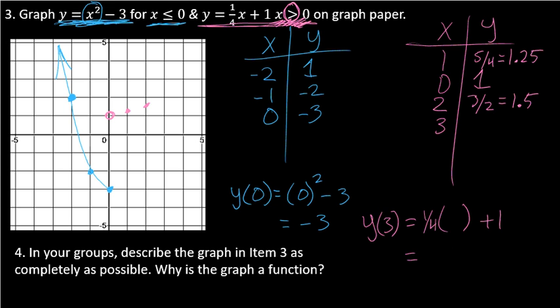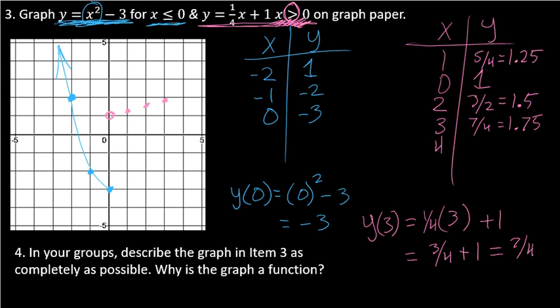So 3. That's going to give me 3/4 plus 1, and that is going to give me 7 over 4, otherwise known as 1.75. And we're just increasing, it looks like, by 0.25 each time. So we're at 1 3/4 now, getting closer to 2.